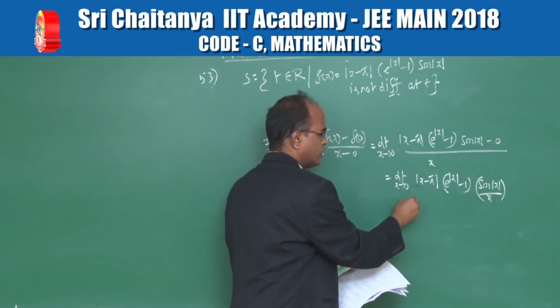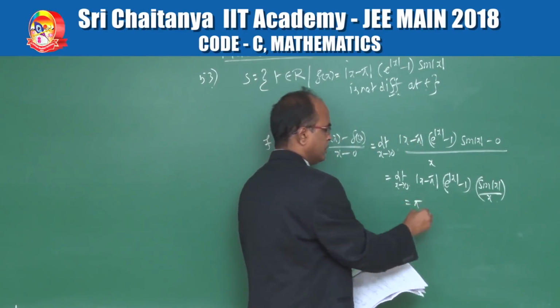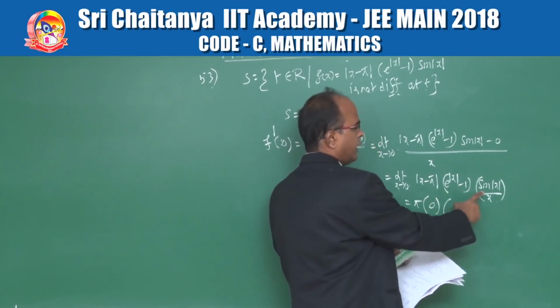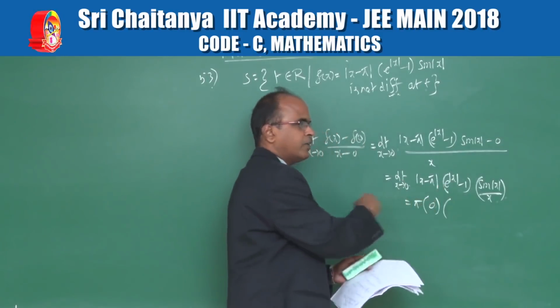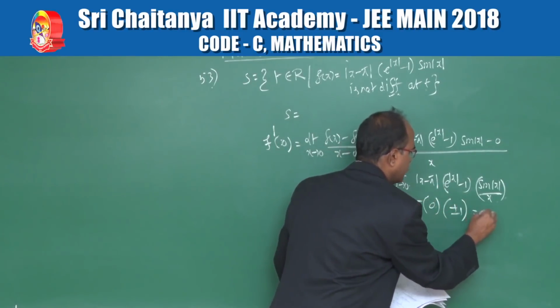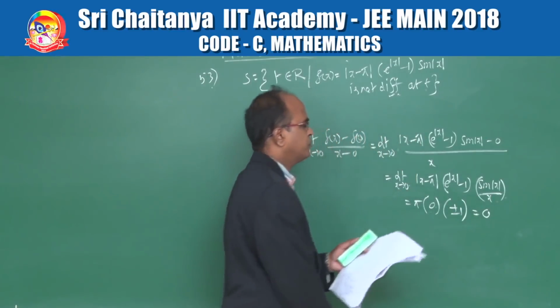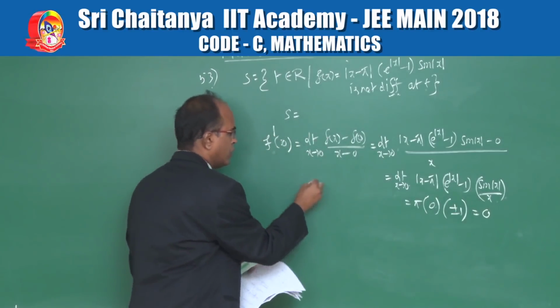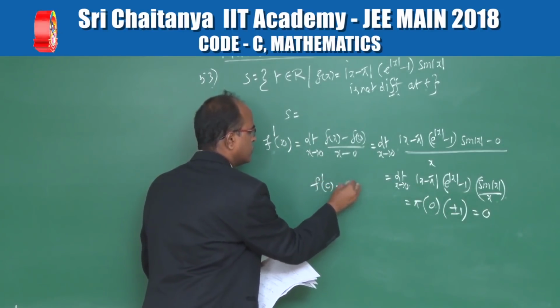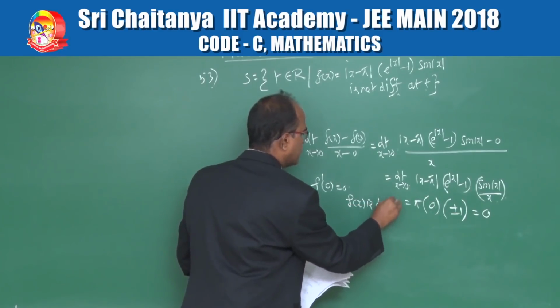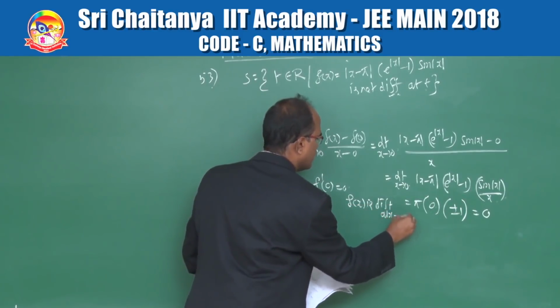As x tends to 0, this value will be pi, and this will be 0, and this will be, the right limit can be plus 1 and the left limit will be minus 1. So that means it is plus or minus 1, in which case this will be 0. So therefore here f dash 0 has become 0, therefore f x is differentiable at x is equal to 0.